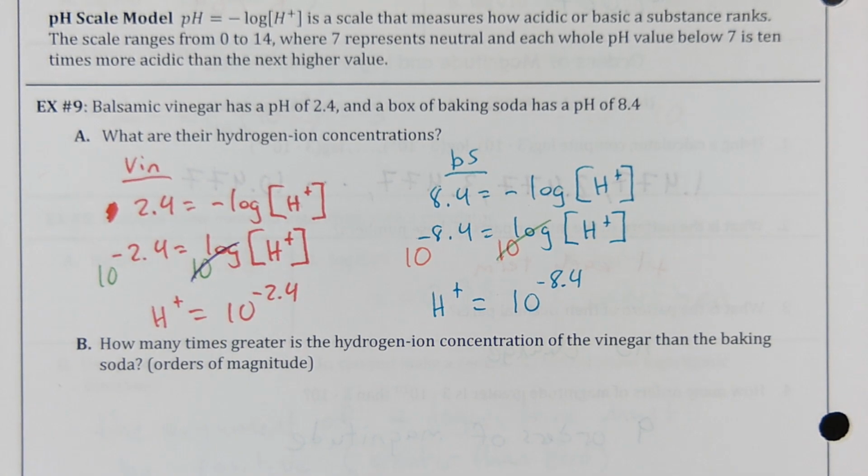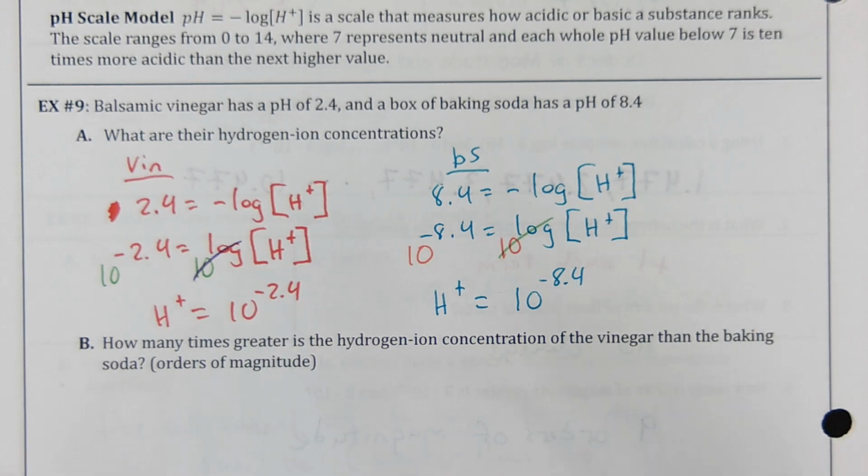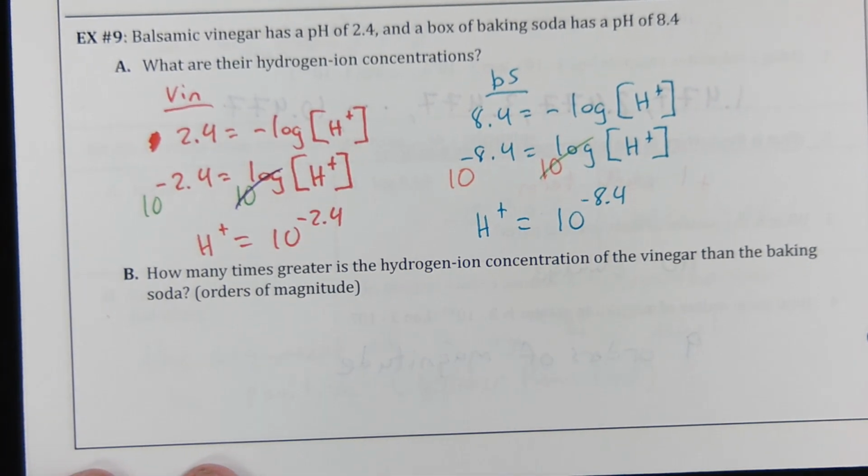How many times greater is the hydrogen ion concentration of the vinegar than the baking soda? Meaning how many orders of magnitude? This is a larger number because its exponent is closer to 0, right?